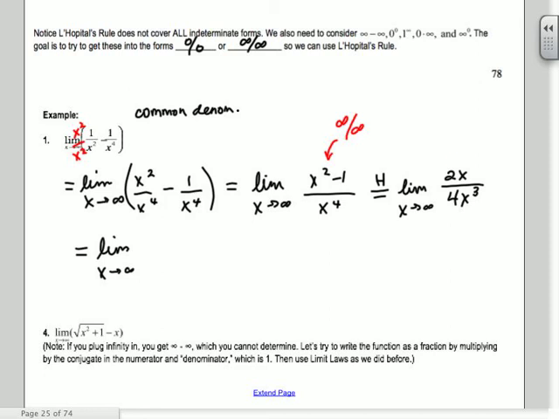So I have 2 over 4, so that makes 1/2, and then I have x squared on the bottom. Now if you plug in infinity, what do you get? It's not plugging in infinity, but you know what I'm saying. So take the limit as x goes to infinity. You have 1 over a really, really huge number. So it equals 0.